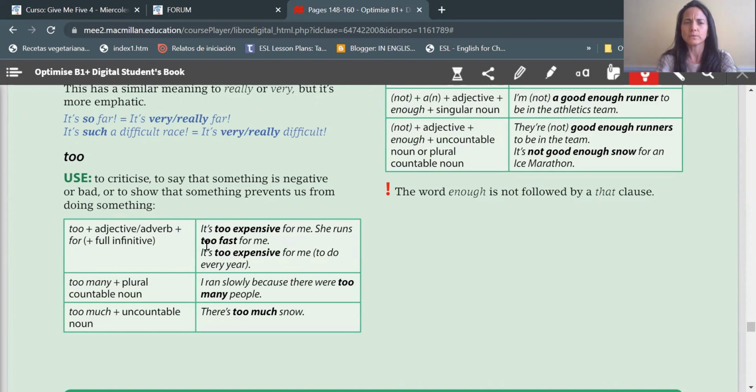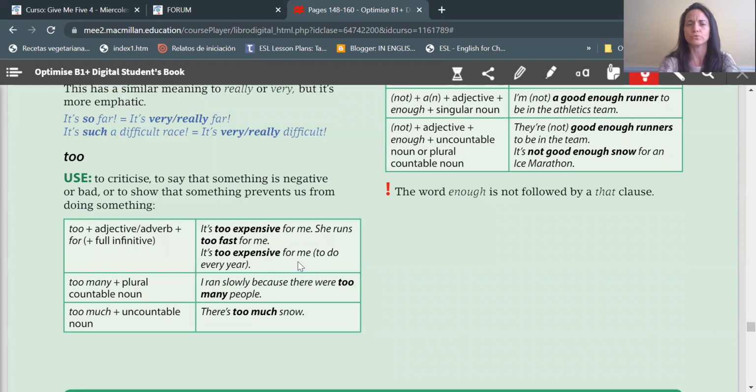So as you can see, we have too expensive, it's too plus the adjective expensive, or too fast is too plus the adverb. And then we have the preposition for to show me, okay? Or it's too expensive for me to do every year.